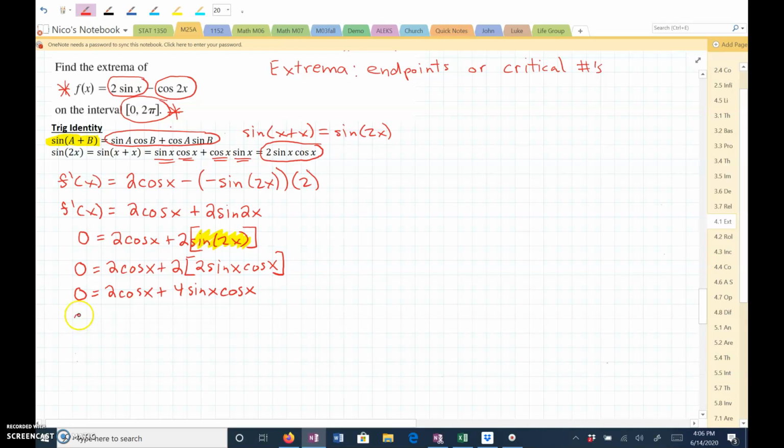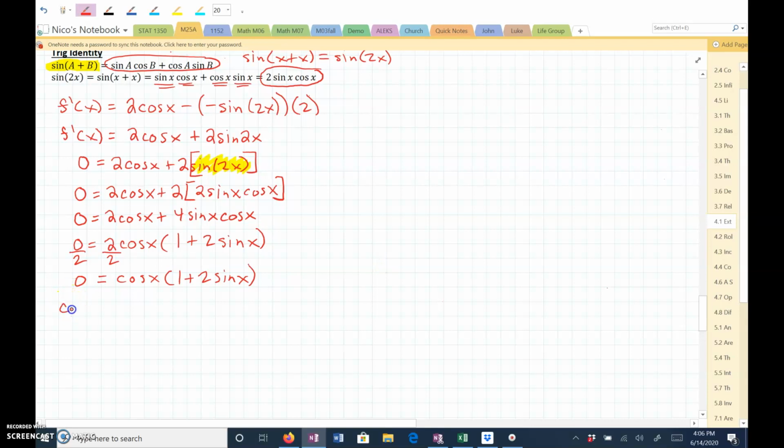Then I can factor out 2 cosine x, leaving me with 1 plus 2 sine of x. I can divide both sides by 2, so I've got 0 equals cosine x times 1 plus 2 sine of x. Then I can set cosine of x equal to 0, and set 1 plus 2 sine of x equal to 0.